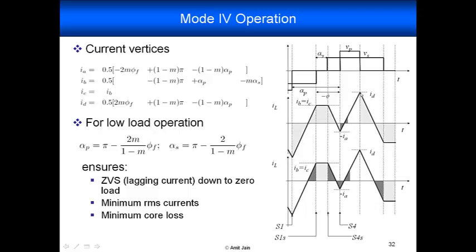And the important thing to note here is that we actually have two zero crossings for the inductor current in each half cycle. So between this point and this point, the inductor current goes from negative to positive here, and then goes from positive to negative again here, and then once again goes negative to positive at this part.